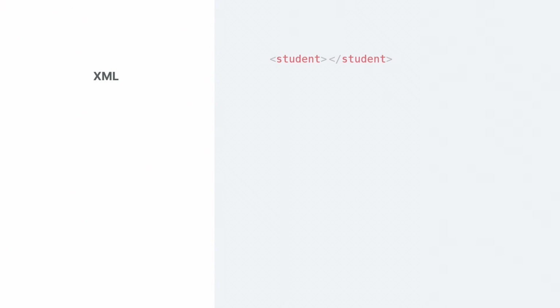What attributes does the student have? There's a name, and the name also has a start and end tag. What's the name? Let's say Alex, and the age is 25. You can continue adding more attributes within the student tag. You can also transmit this information.